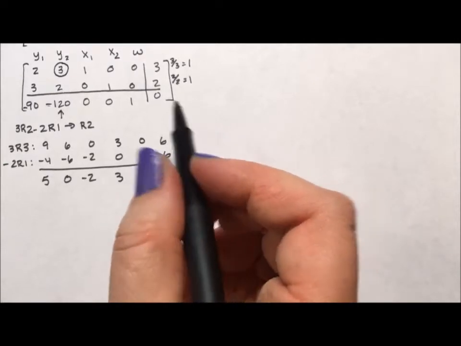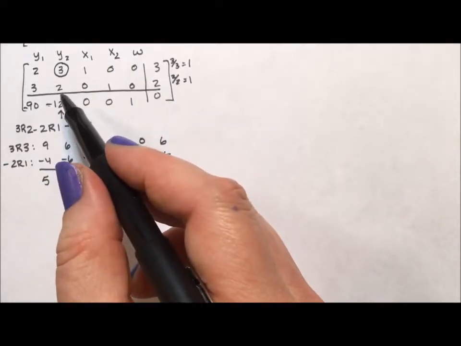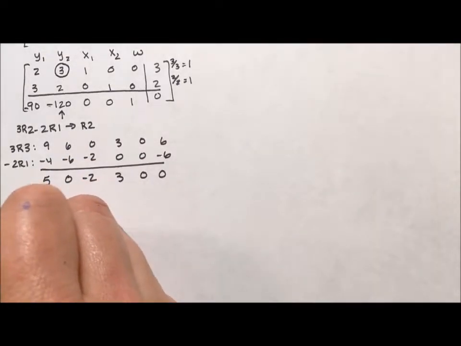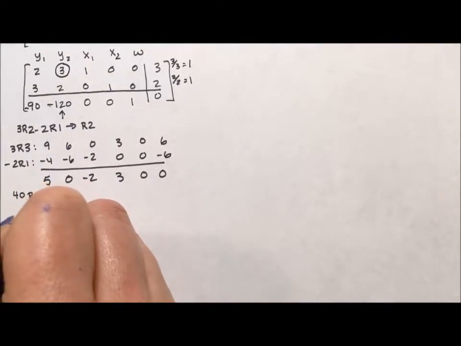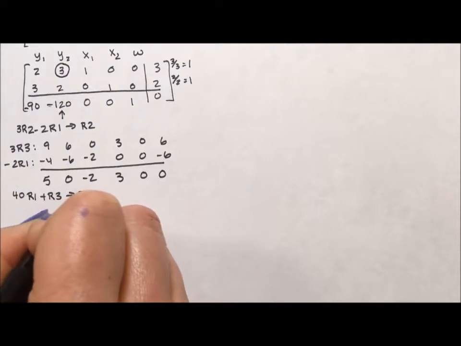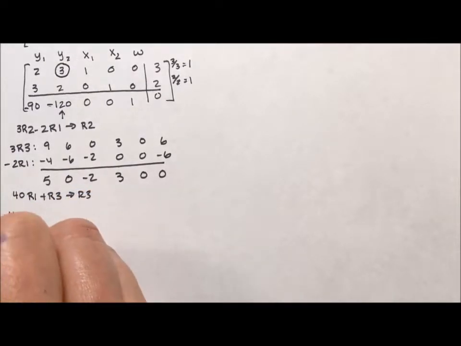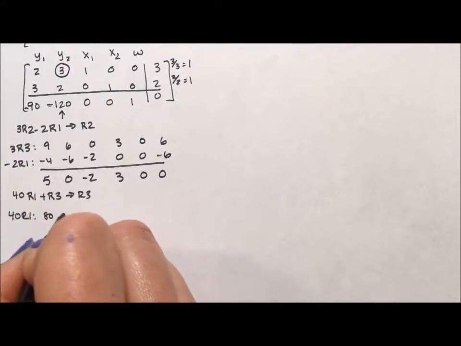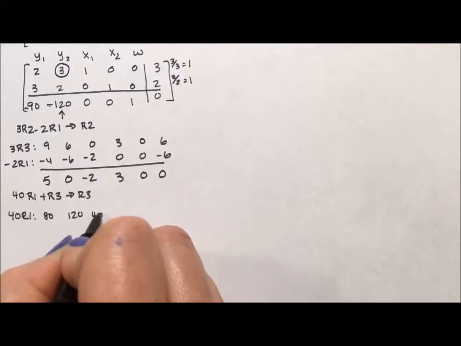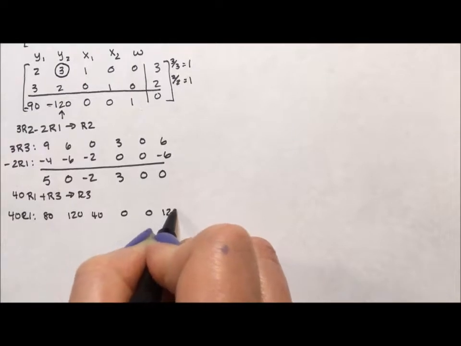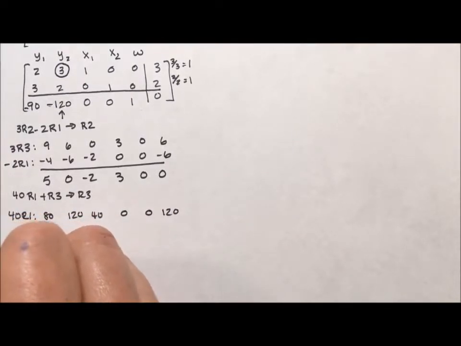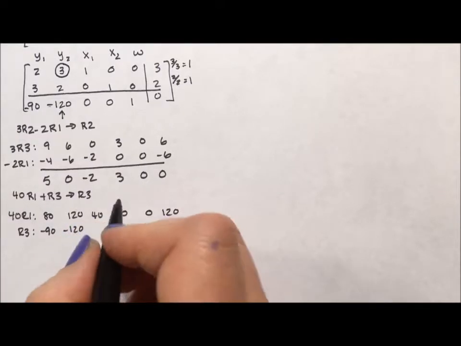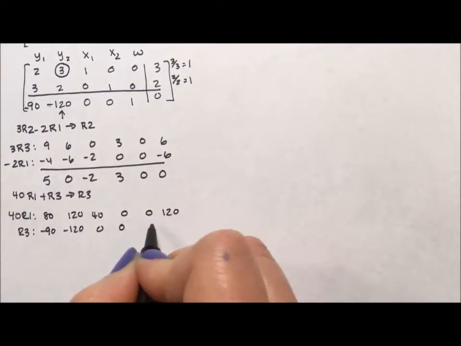Okay, now we need to use that 3 to get rid of the 120. To do that, we are going to take 40 times row 1 plus row 3 and put that into row 3. So 40 times row 1 is going to be 80, 120, 40, 0, 0, 120. And then we add row 3 to this. So row 3 is negative 90, negative 120, 0, 0, 1, 0.